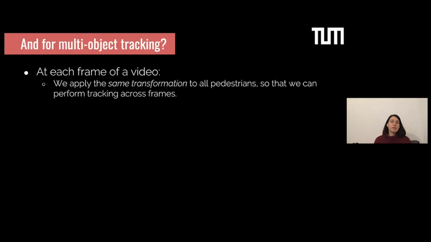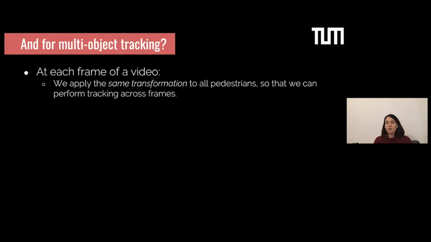So why I talk so much about this control is that if I want to do multiple object tracking, I have to apply the same transformation to my image, right? So this control vector needs to be the same for all pedestrians in all the frames of this video.